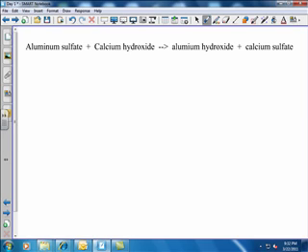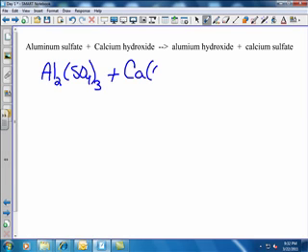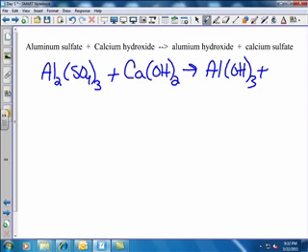So, aluminum sulfate, Al2(SO4)3. Calcium hydroxide, Ca(OH)2 yields aluminum hydroxide, Al(OH)3 plus calcium sulfate, CaSO4. Okay?